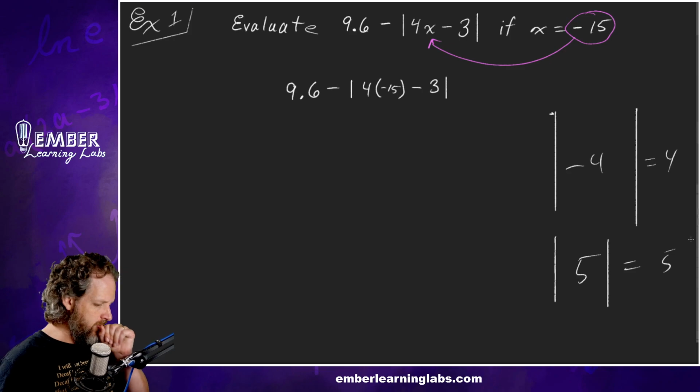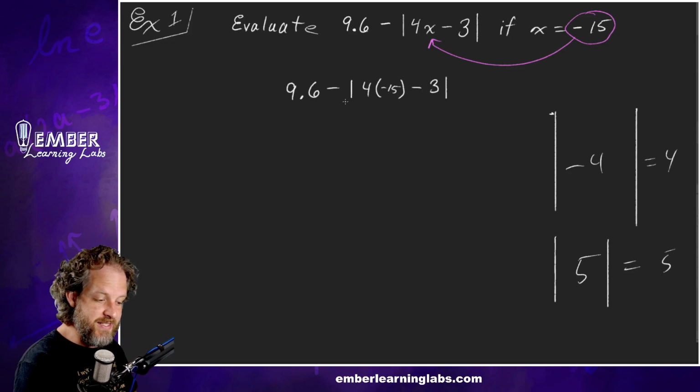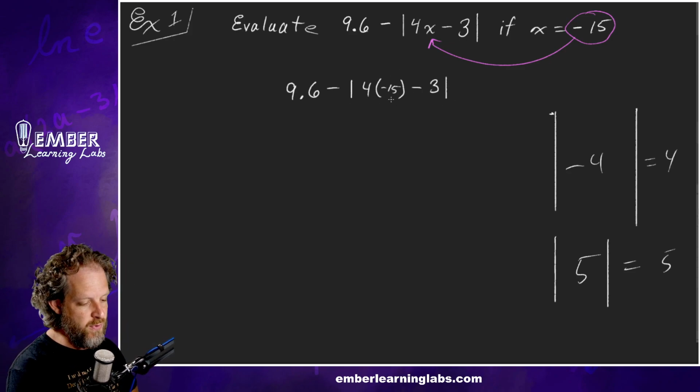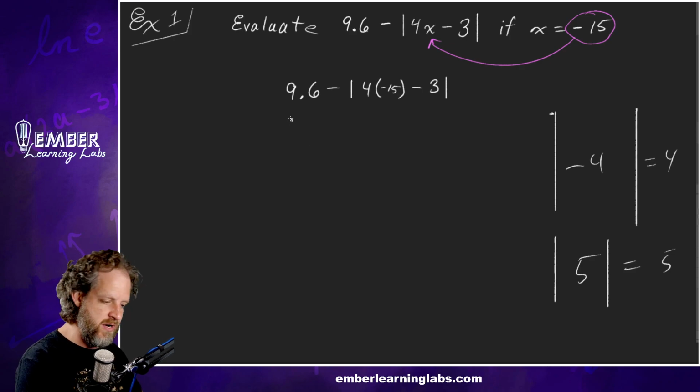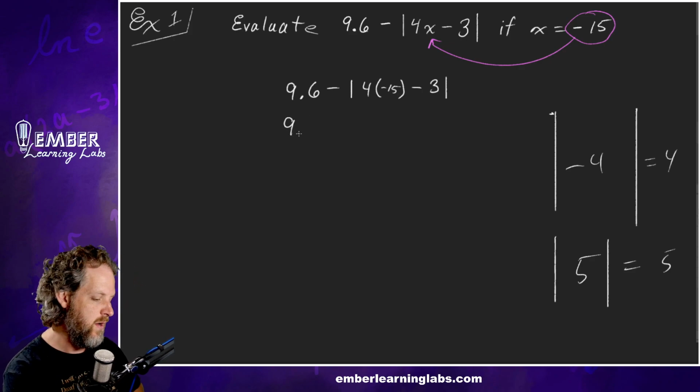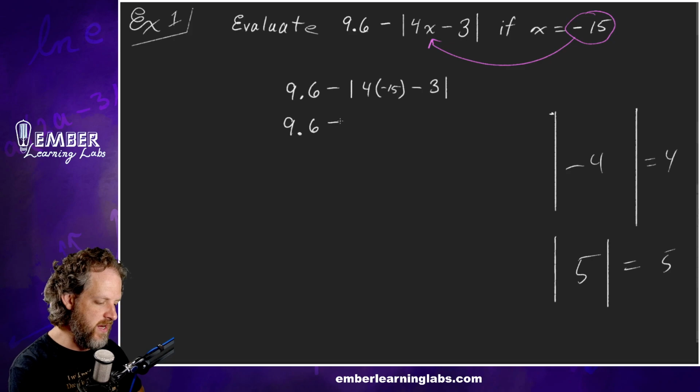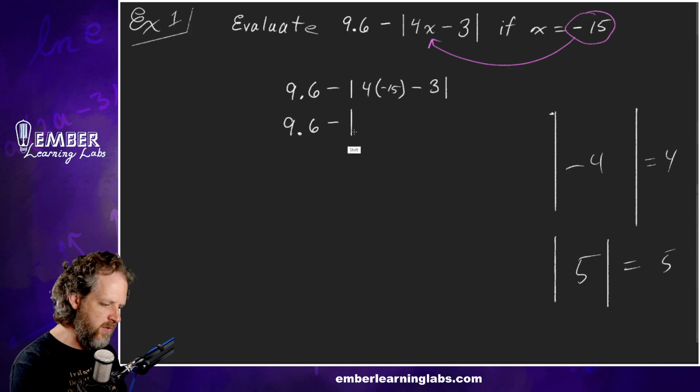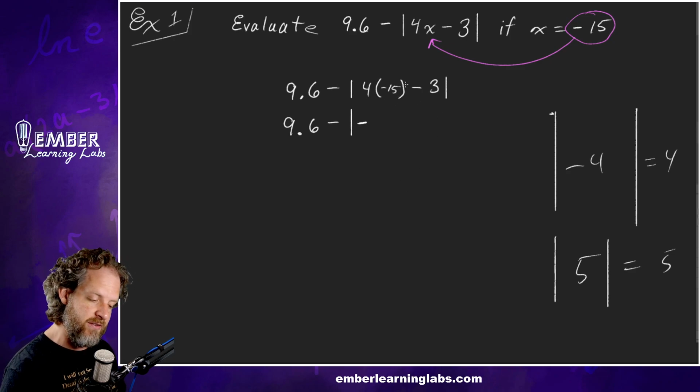So let's start with what's inside the absolute value. We're going to do 4 times negative 15. Bring down everything else: 9.6 minus the absolute value of 4 times negative 15, which is negative, because a negative times a positive is negative. And so it's negative 60.